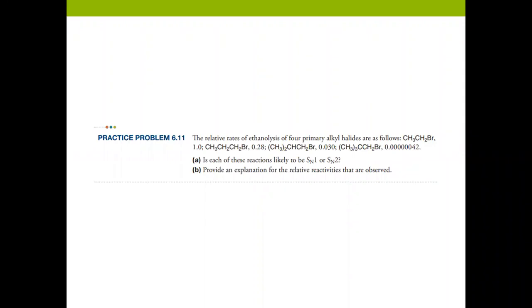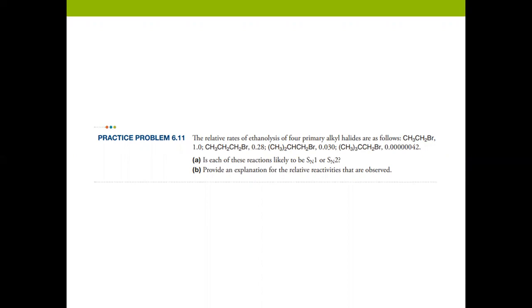So let's say CH3CH2Br is 1.0. You notice here that the difference is in the kind of substrate, and we use the same ethanol as our reactant.